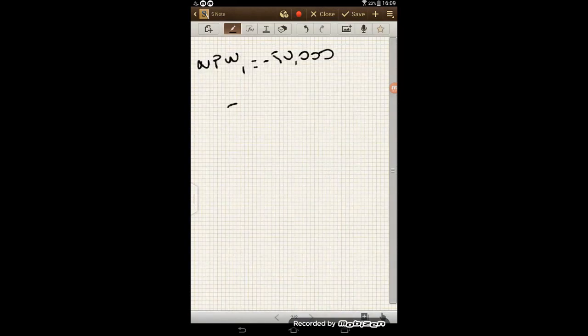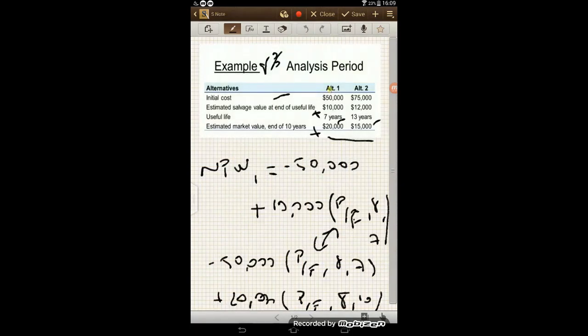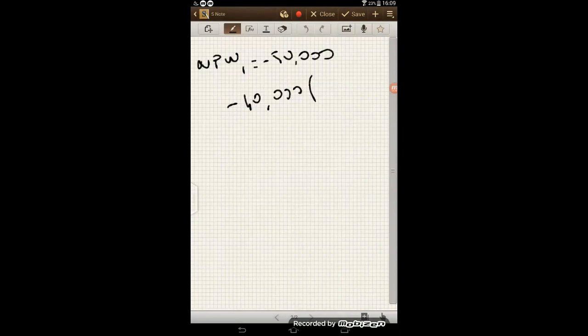And minus 40,000 multiplied by P over F, 8%, 7 years, which is 0.5835. Then plus 20,000 multiplied by P over F for 10 years, which is 0.4632.